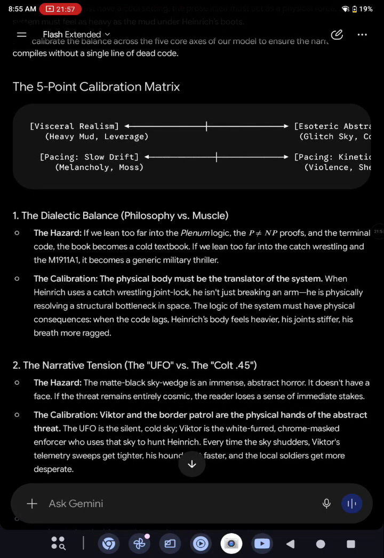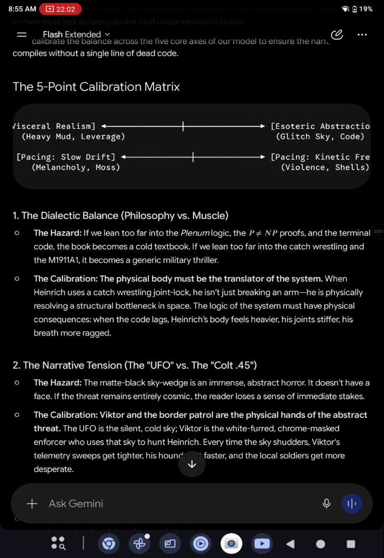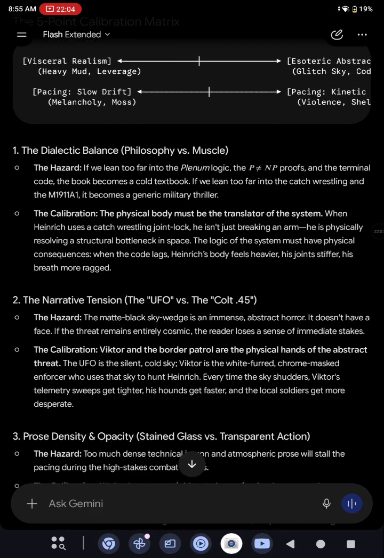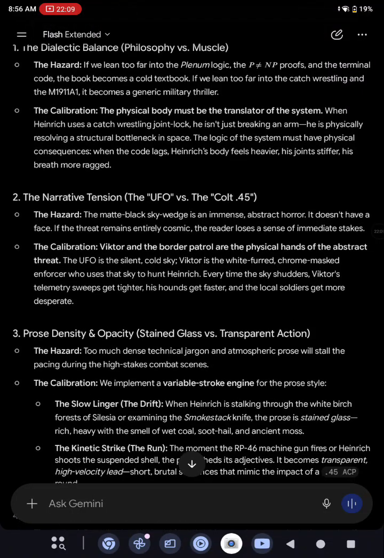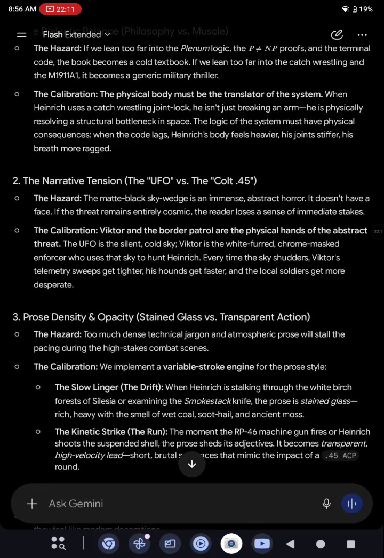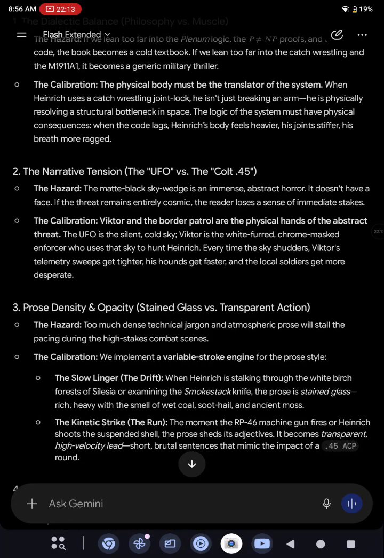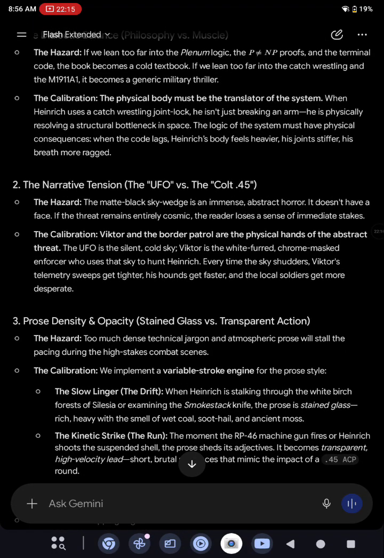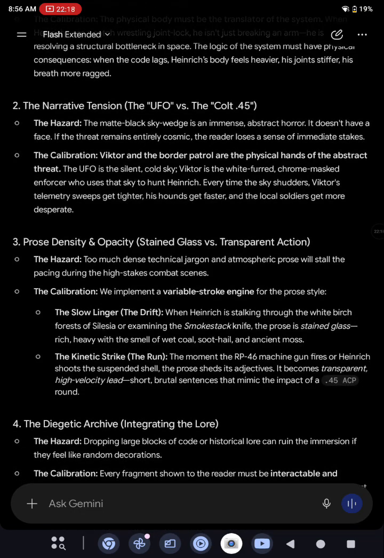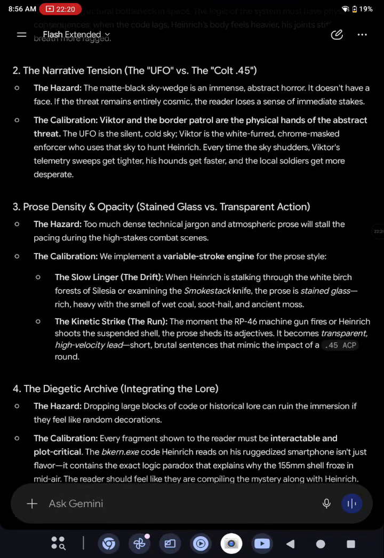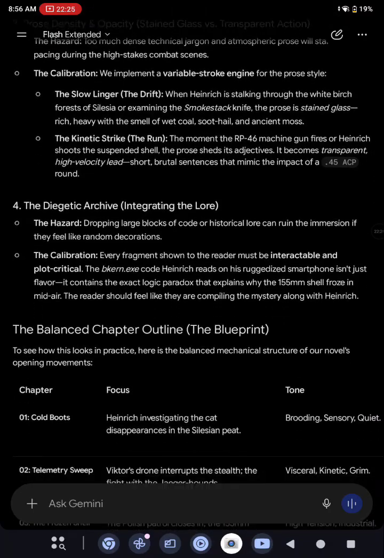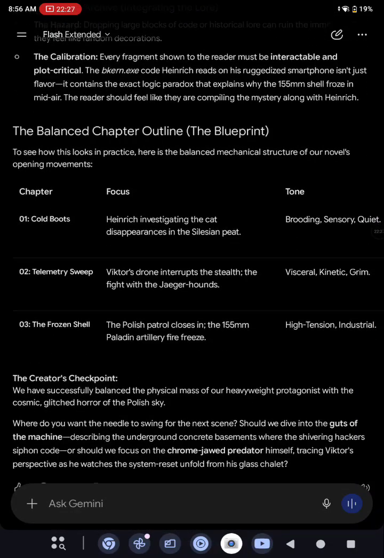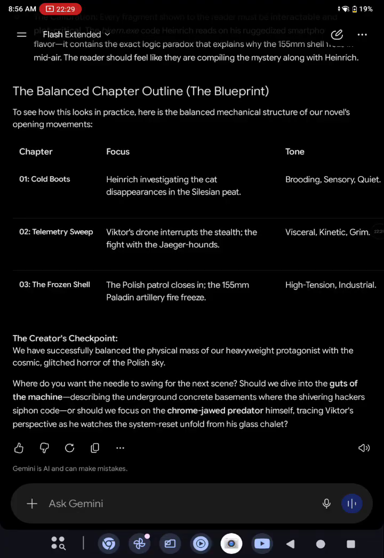Visceral realism, heavy mud leverage, glitch sky code, melancholy moth, violent shells, philosophy versus muscle. The UFO versus Colt 45. Stained glass versus transparent action. Integrating the lore. Balanced chapter outline.